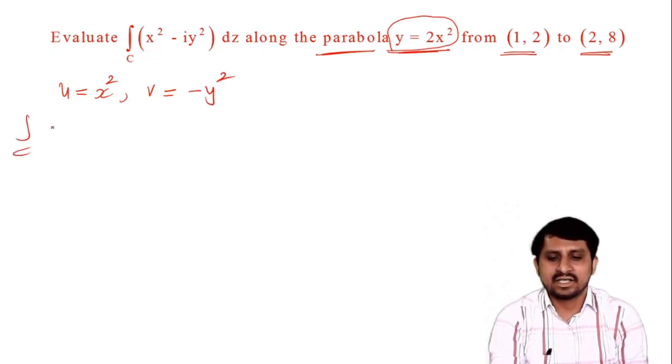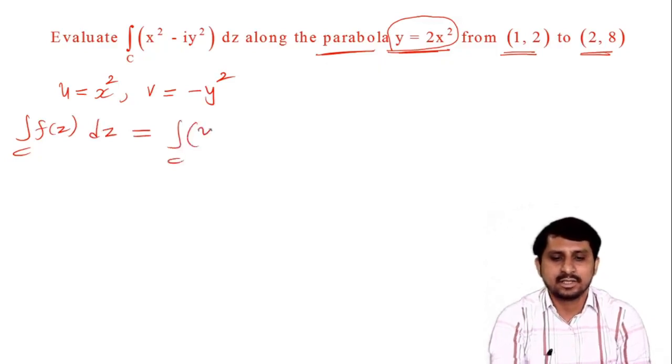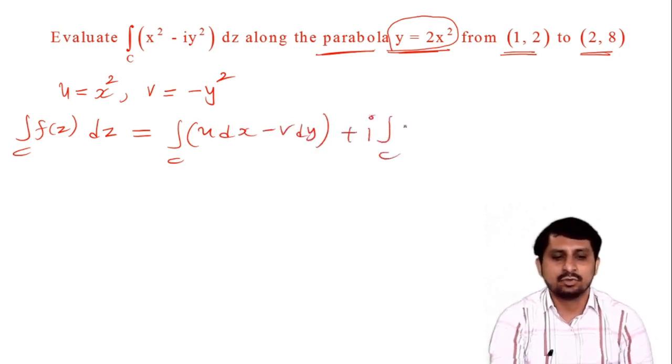Now we know our formula for line integral: integration f of z dz is equal to integration u dx minus v dy plus i integration u dy plus v dx.